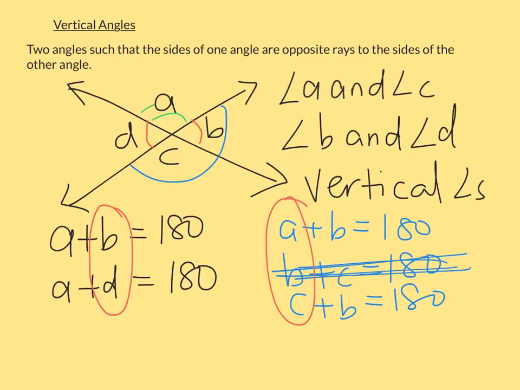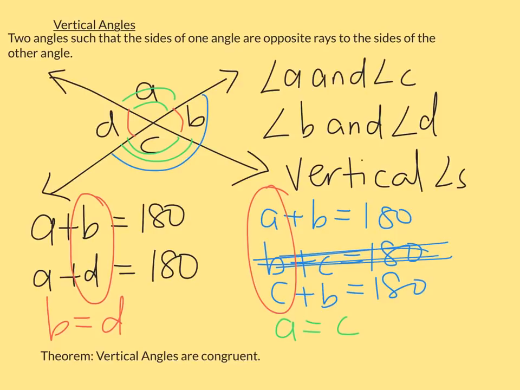For angle A, I'm going to use two bars. This shows that these two angles are equal. So angle A will be equal to angle C. And then over here, we say that angle B is equal to angle D. So this also gives us the theorem that vertical angles are congruent. So the vertical angles are equal to each other.